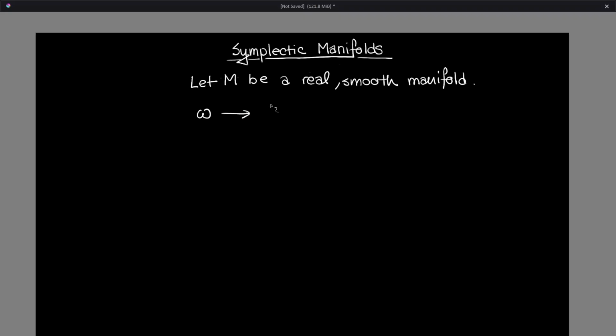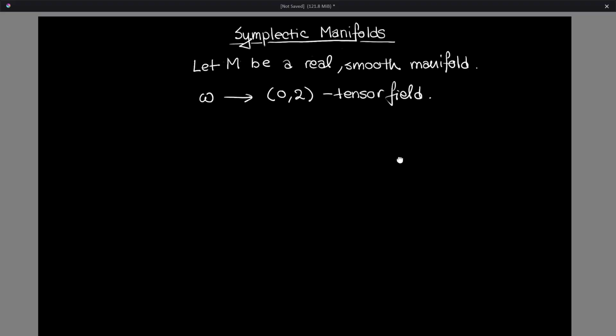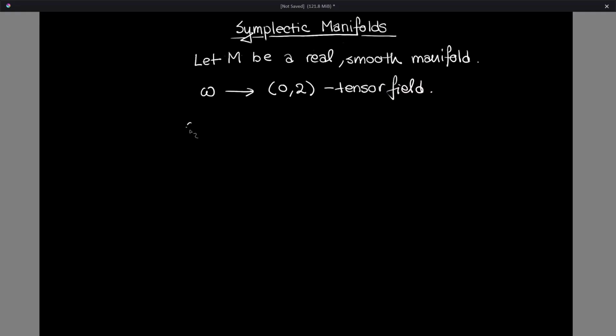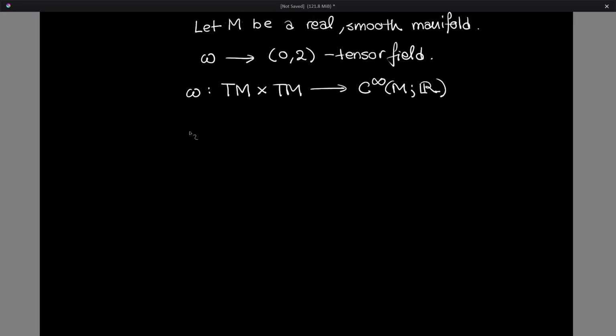Omega is a 0-2 tensor field, and it needs to have certain properties. So omega is a map from two copies of the tangent bundle TM to R, or C infinity of M, and it needs to satisfy these three properties.